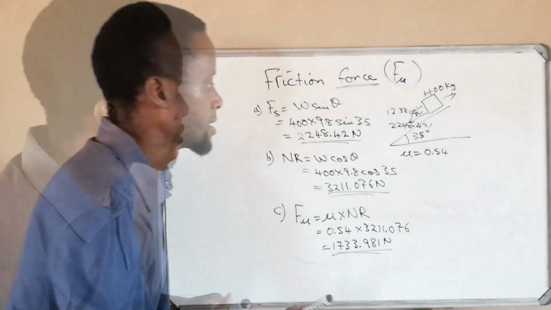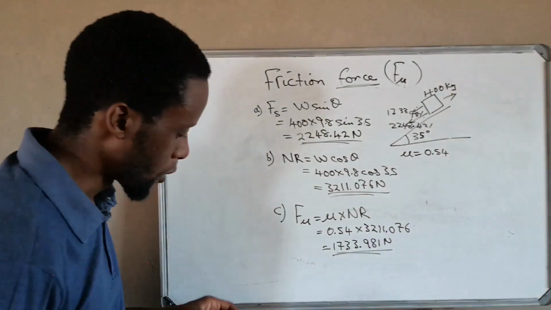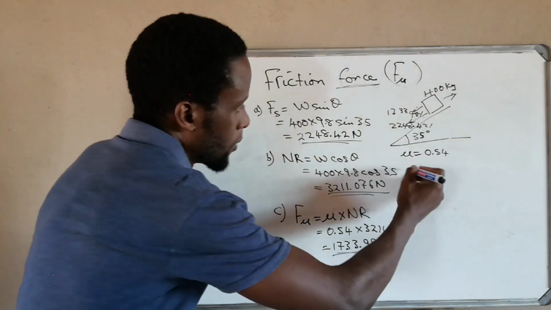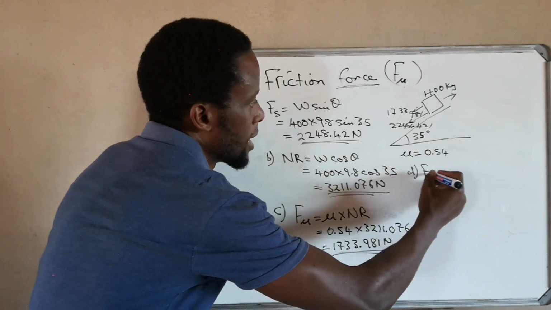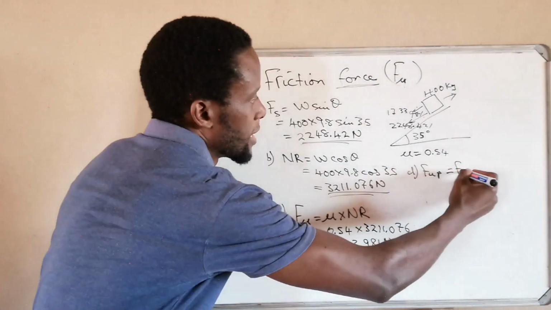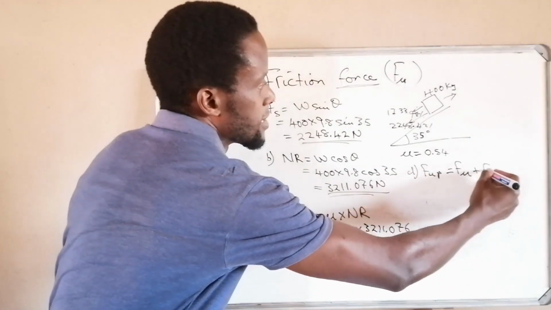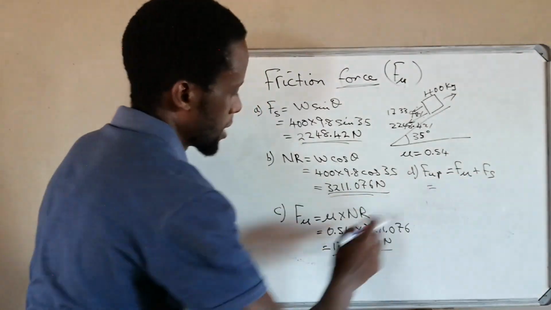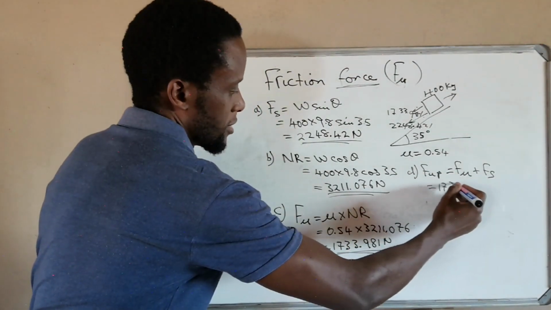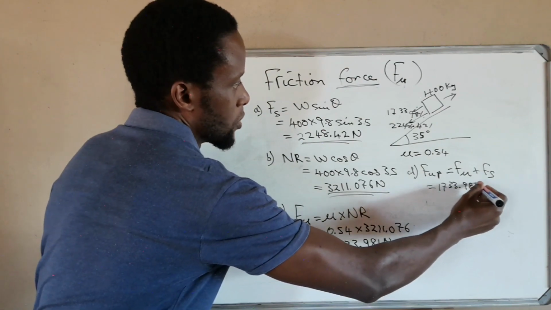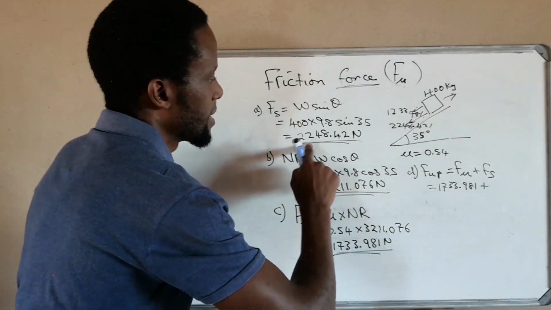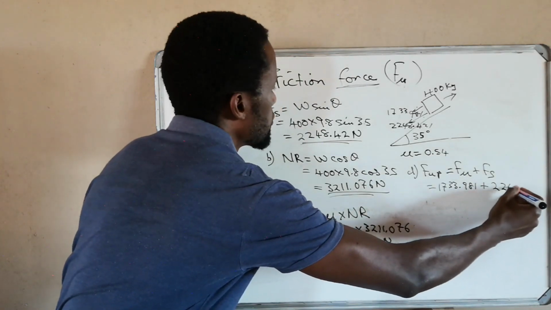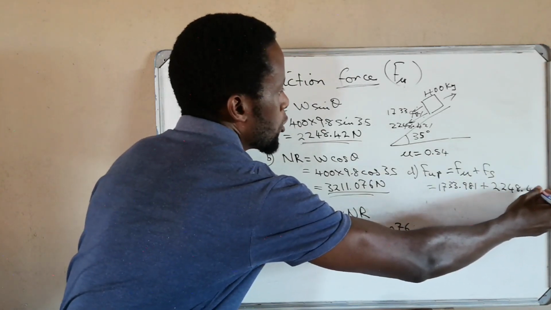So for our force going up, the force up is equal to your friction force plus your sliding force, which is 1733.981 plus our sliding force 2248.42.